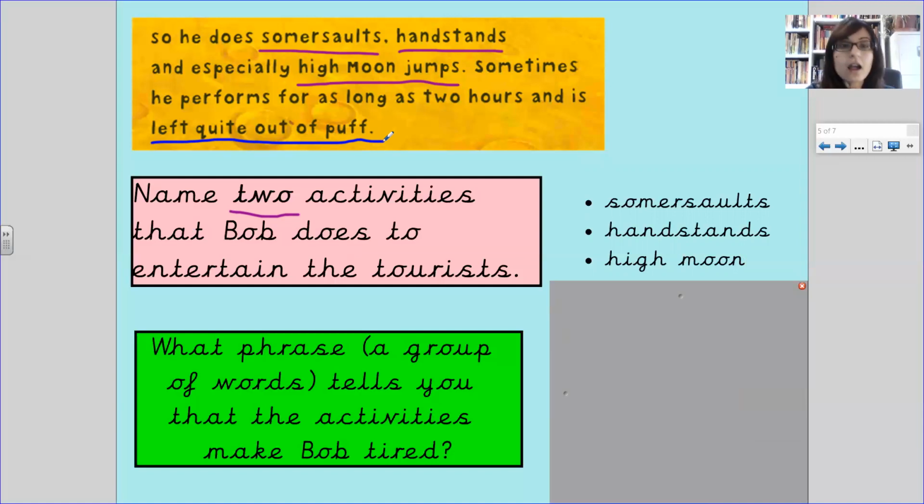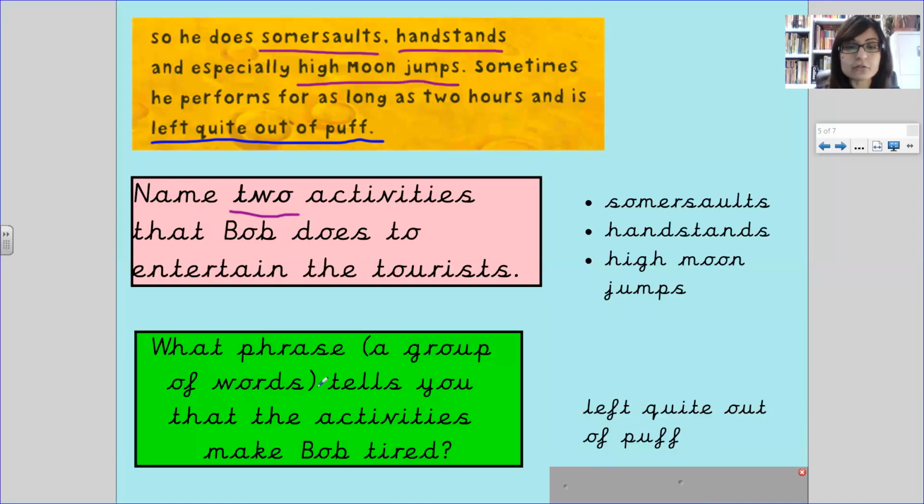So when you're out of puff, that means you're a little bit tired. So you could say, if you've done maybe a lesson with Miss Eugen and you've been running around the field or the playground, oh, I'm quite out of puff, which means that you're tired. There we go. Left quite out of puff is the phrase that you needed to write down.